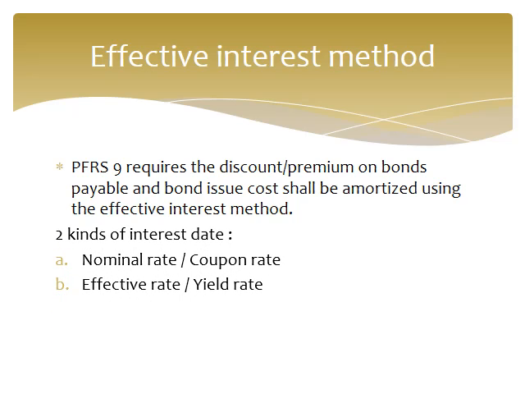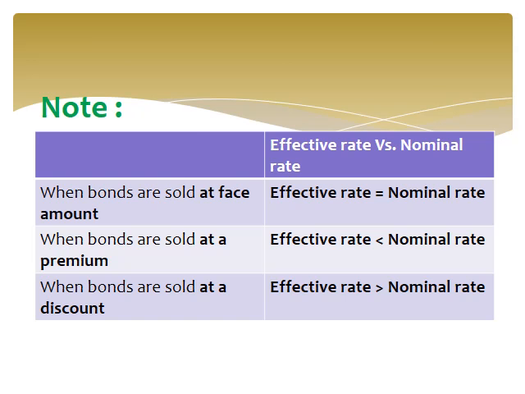We have two kinds of interest rate when using the effective interest method: the nominal rate or the coupon rate or the stated rate, and letter B, the effective rate or the yield rate. Note, effective rate versus nominal rate.